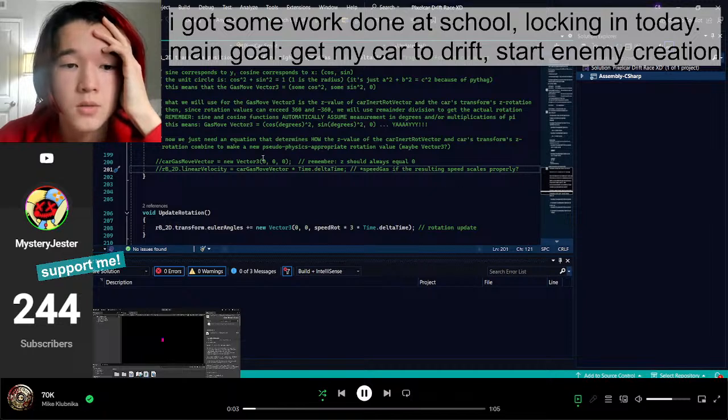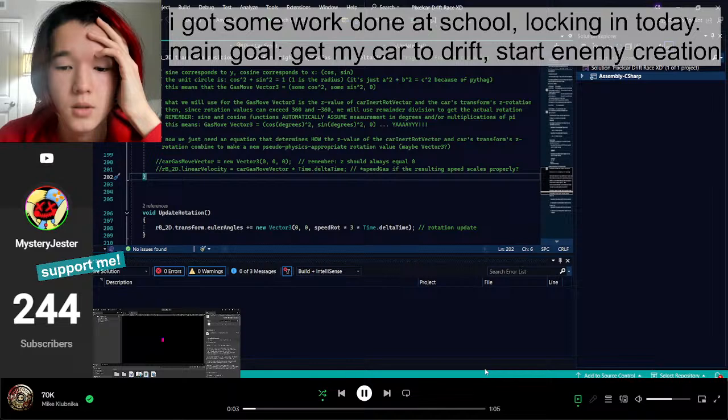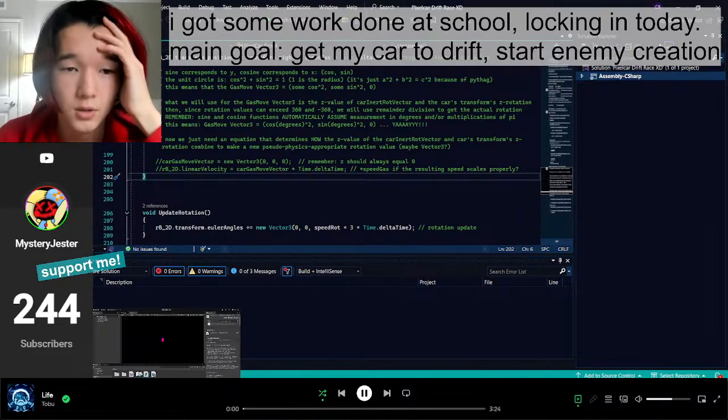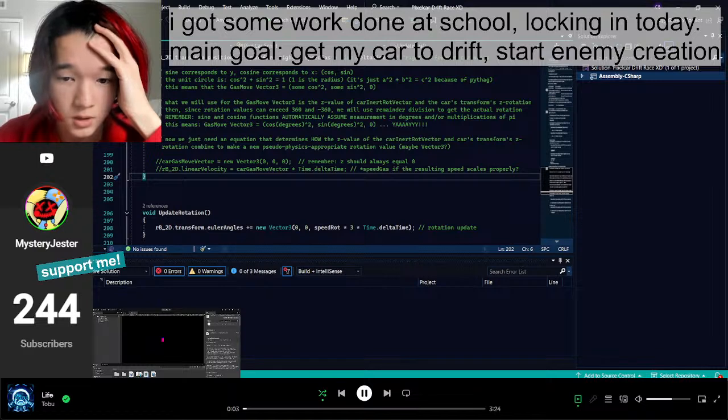And then I'm gonna use a vector 3 for the movement instead of a transform dot position to move the car.